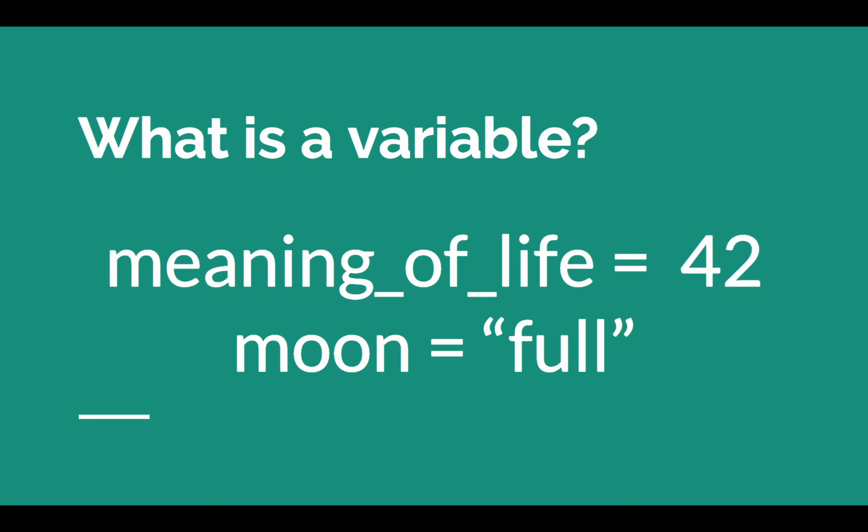So when we look back at these examples, meaning of life and moon are the variables. These are things that will hold the information, and 42 and full are the values. So if we say meaning of life is 42, and further on in the code you see the variable meaning of life, you know that it actually holds the value 42.